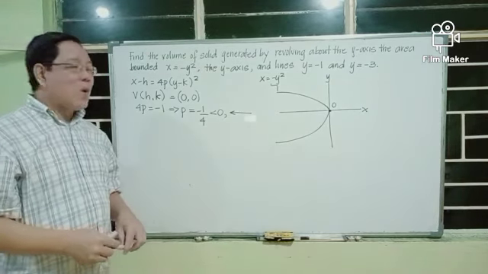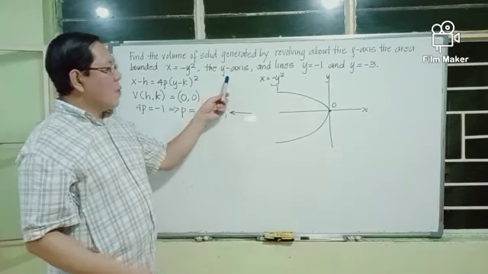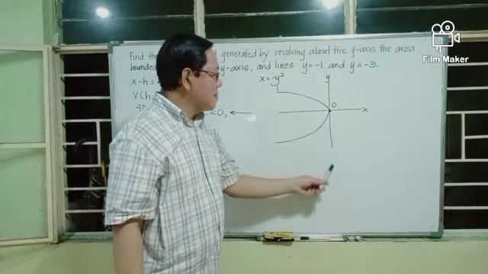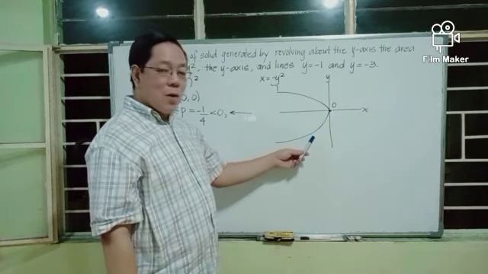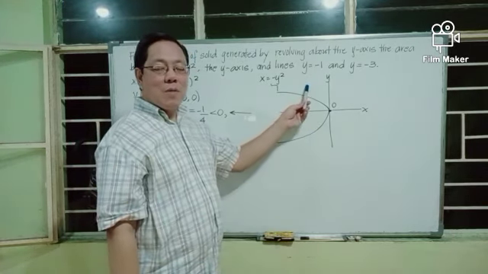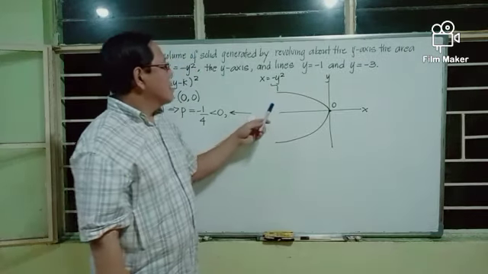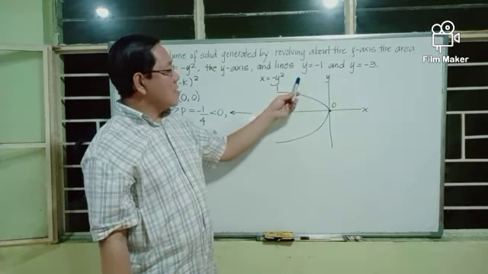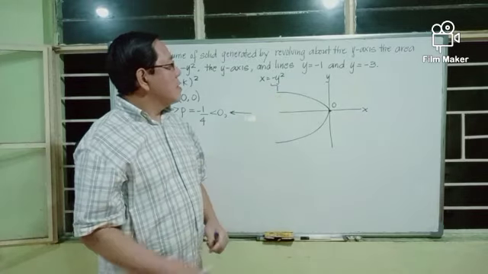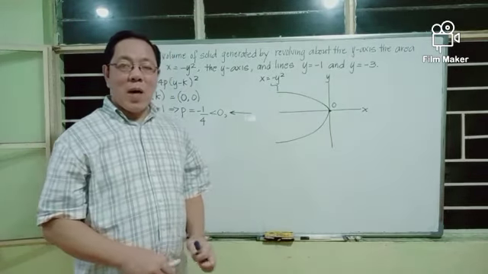The area that we want is bounded by part of the y-axis. So the area is either below the x-axis or above the x-axis. But the other boundaries are the lines y equals -1. Locate -1 on the y-axis.